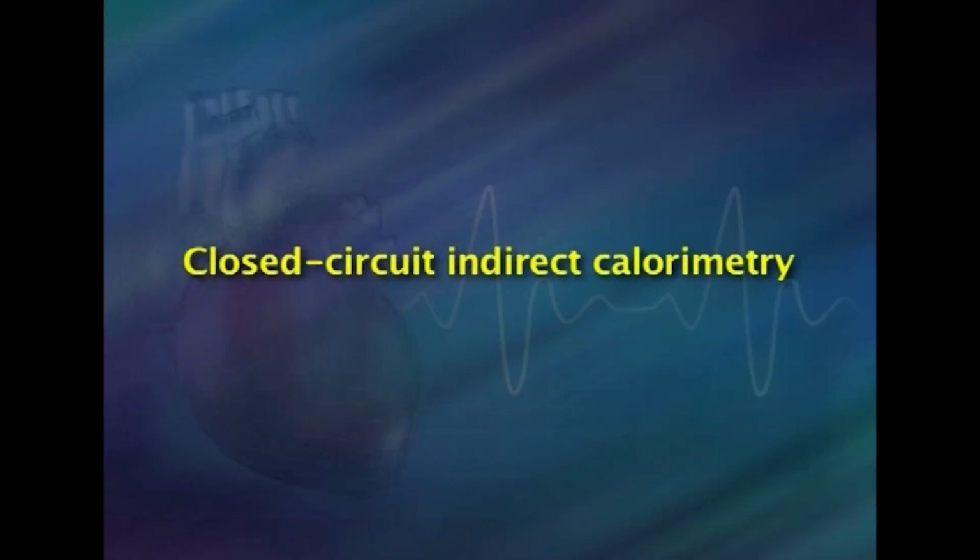Closed circuit or indirect calorimetry. This is a closed circuit system in which the subject receives oxygen only from a measured source of oxygen-rich air and exhales into the container in which the carbon dioxide and water are removed, while the remaining oxygen and nitrogen are recirculated. The amount of oxygen in the air mixture is measured before and after each standard 6-minute test, allowing the amount of oxygen consumed to be determined.